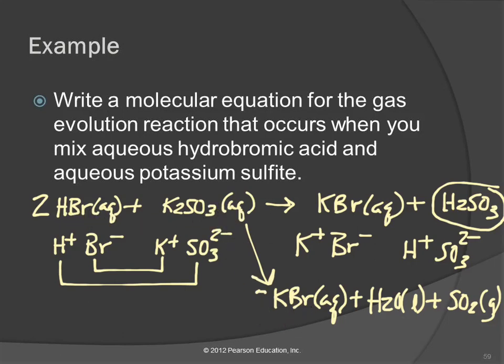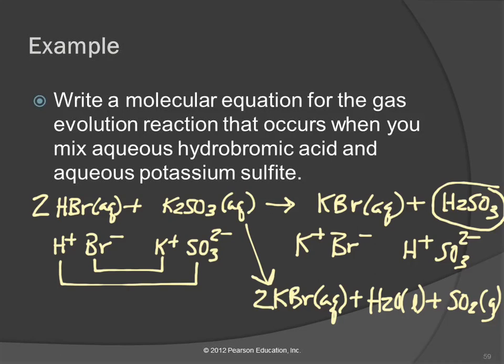So we have to put a 2 in front of that guy. We go here, we've got two potassiums, and down here we've got two potassiums. Here we've got one sulfur and one sulfur, three oxygens. There's one oxygen on the water and two on the SO2. So that's balanced now. Any questions?